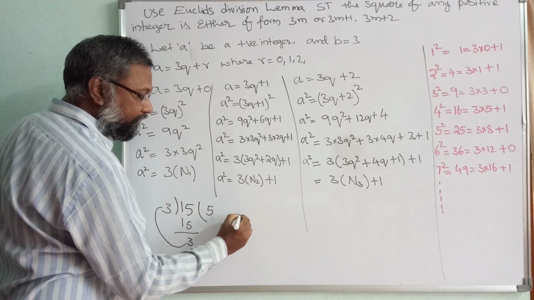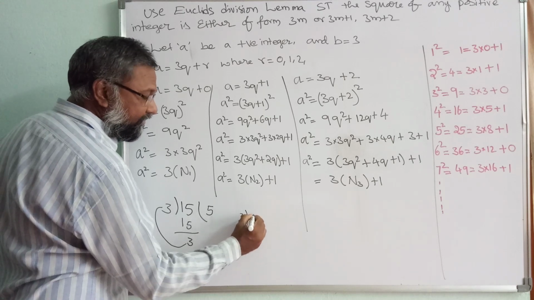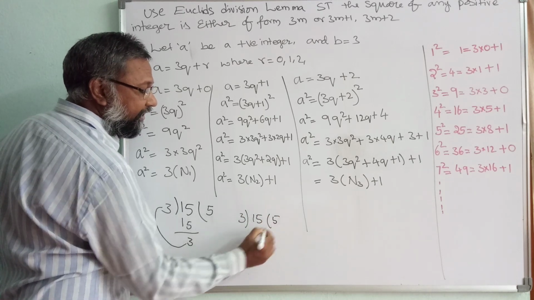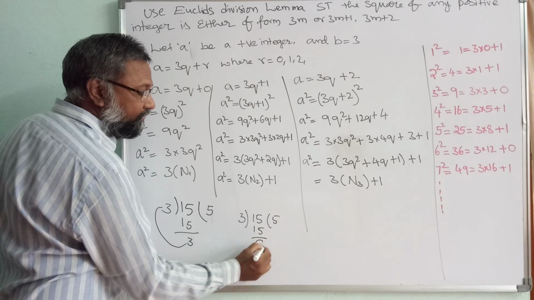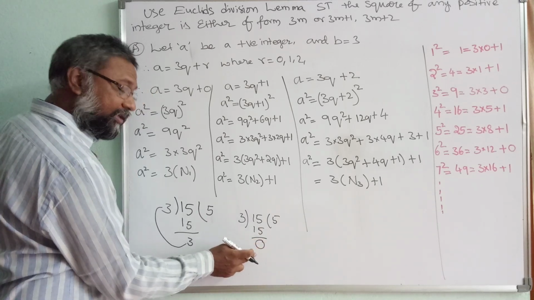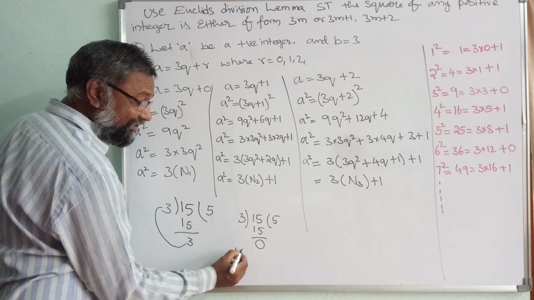So for 15, 5 times 15, the remainder is 0.